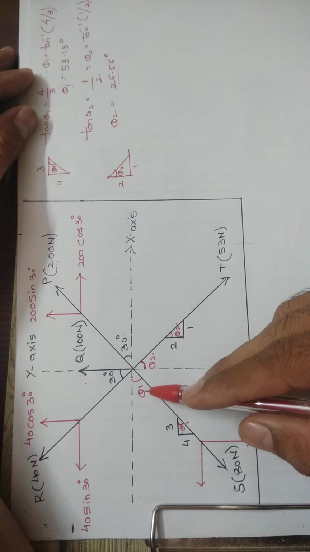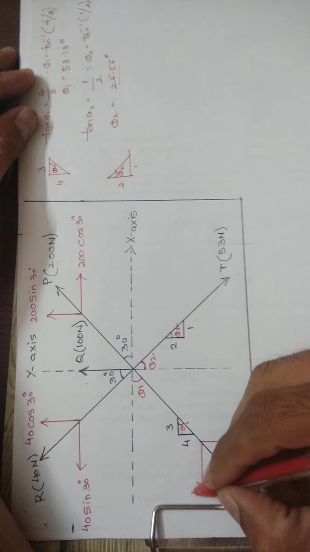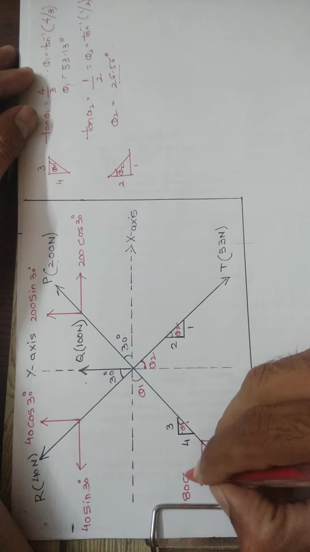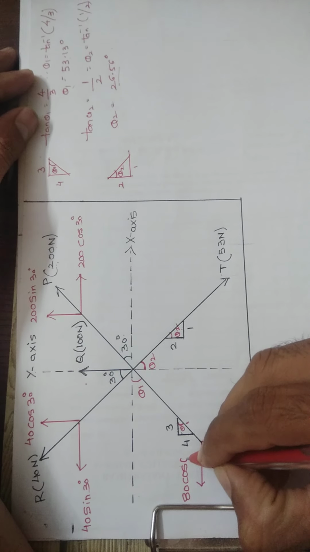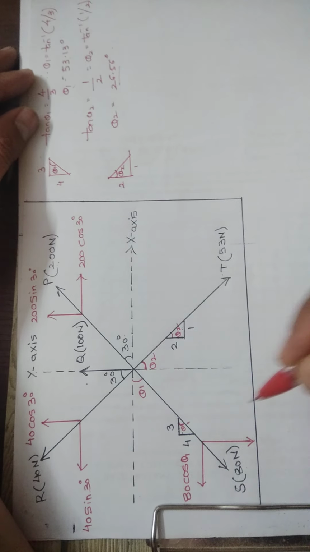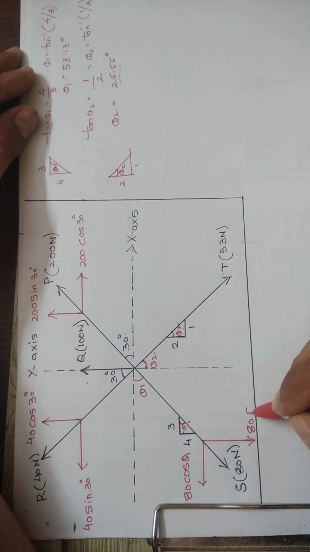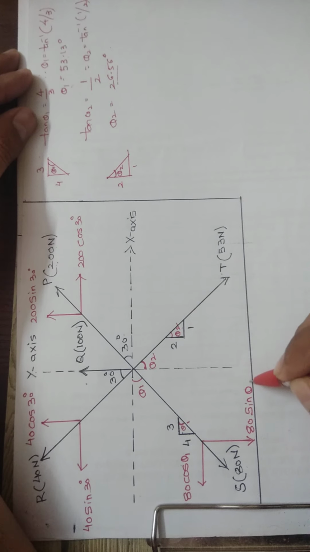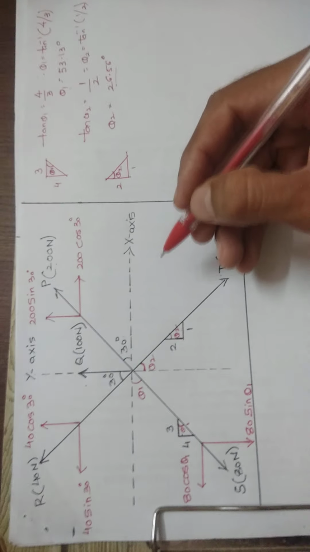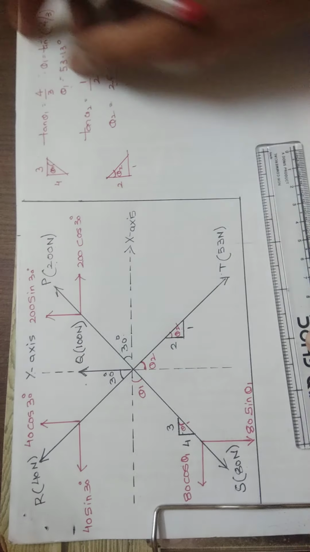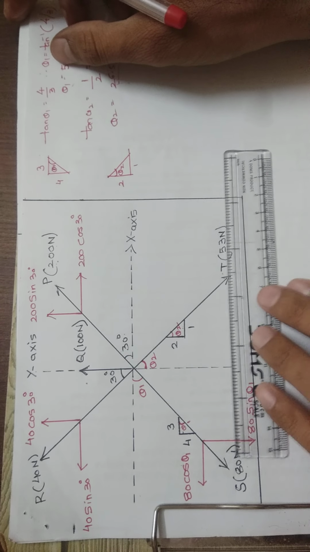It is making an angle of theta 1 with the horizontal, so the horizontal component will be cos theta: 80 cos theta 1, and 80 sine of theta 1.